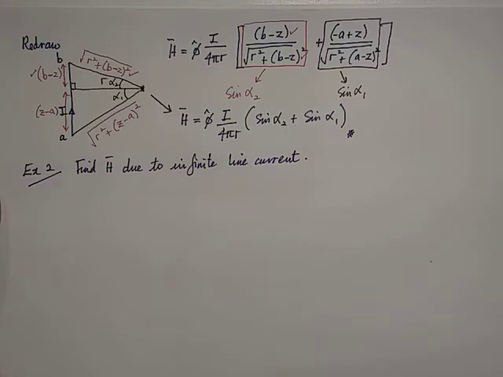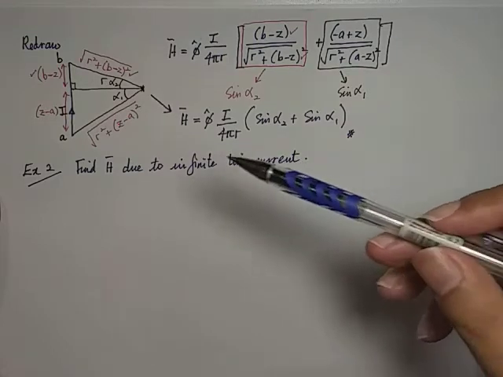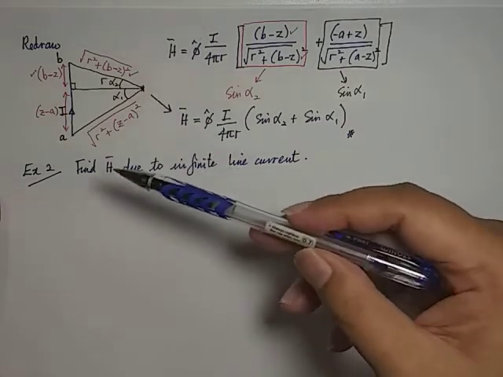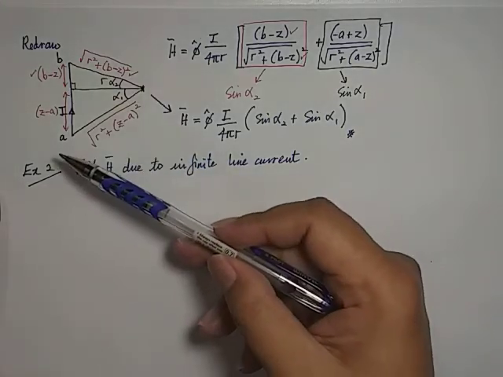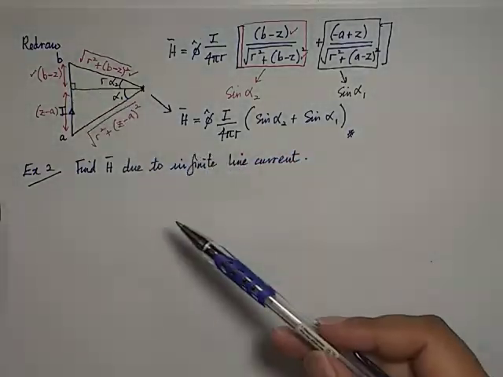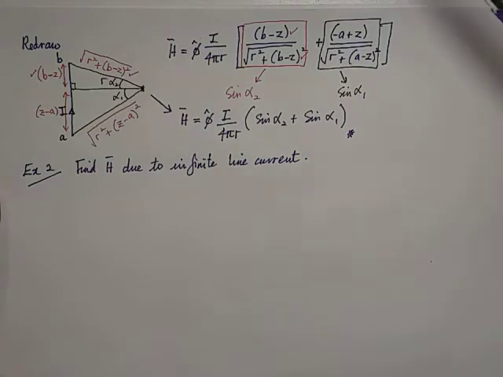So now we are changing our question. We are still dealing with line current, but before, what we dealt with was known as finite line current, where there's a limit to it from A to B. But for this problem, our line current is now becoming infinite. So how are we going to solve this problem?